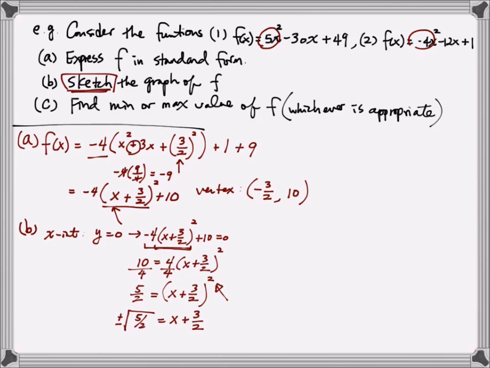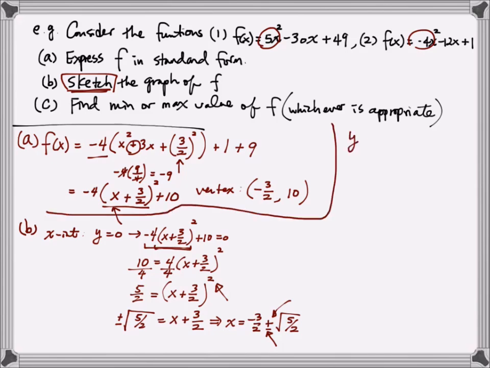The only thing left to isolate x is to subtract 3 halves from both sides. So my x value is negative 3 halves plus or minus the square root of 5 over 2. What this tells you is that there are actually 2 x-intercepts. One is obtained by taking the positive root, and one by taking the negative root.